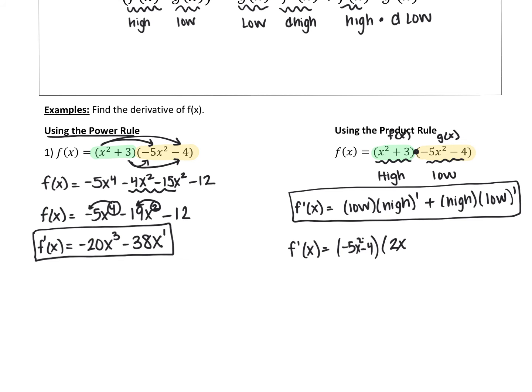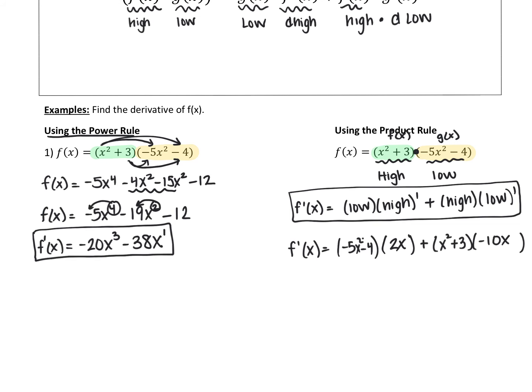So just 2x. So low d high plus the high function, which is x squared plus 3, times the derivative of the low function. So my low function is this, and the derivative of this constant is 0, so it's just the derivative of this piece. So negative 5 times 2 is negative 10, and the x stays.